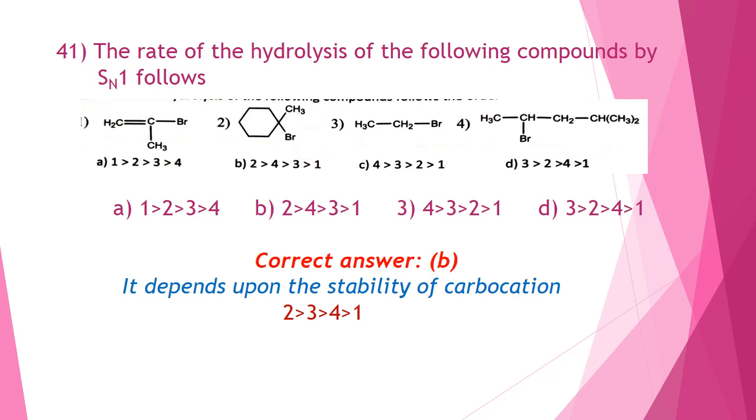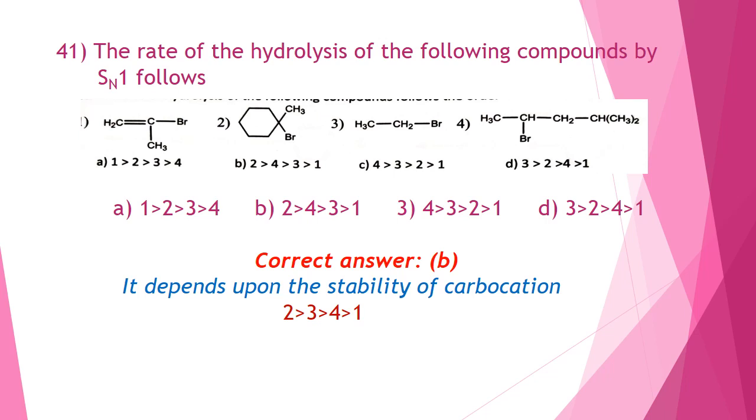Question number 41. The rate of solvolysis of the following compounds by SN1 follows. For the SN1 reaction, we have to consider the stability of the intermediate. If the intermediate is more stable, the rate also increases.